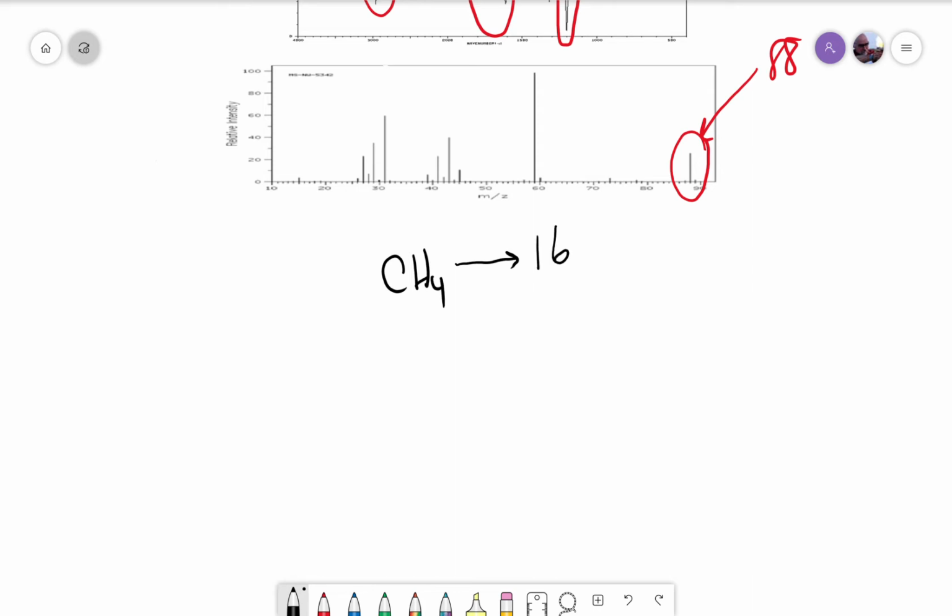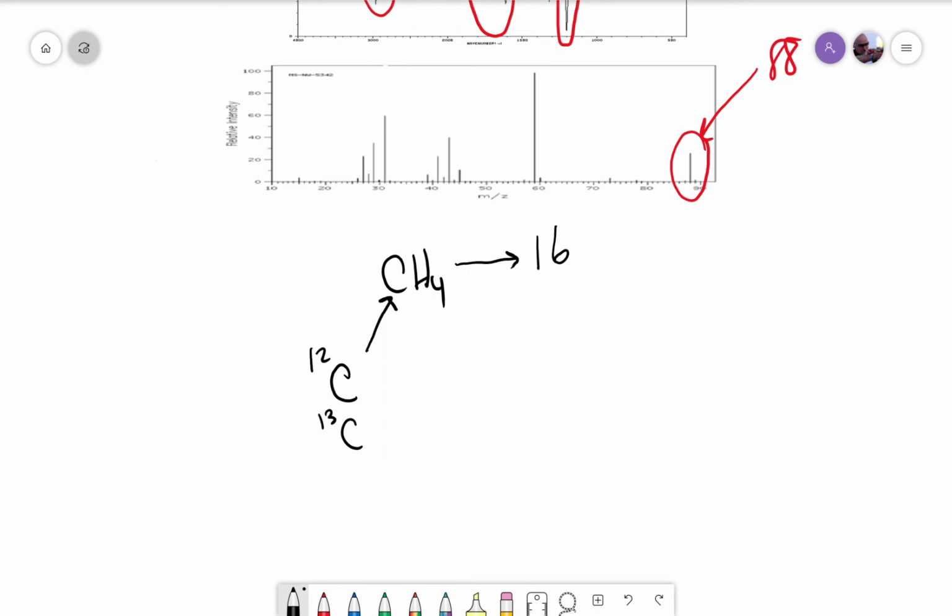But those masses, if you remember back, are really just the average of all the isotopes that are present. You've got to remember that there are, in fact, 2 separate isotopes of carbon. Carbon can come as a carbon-12, or carbon can come as a carbon-13.